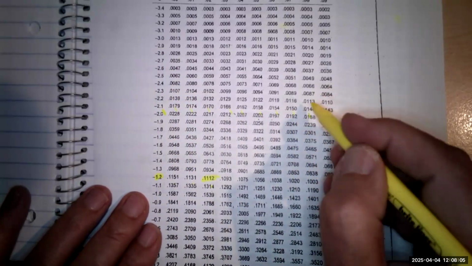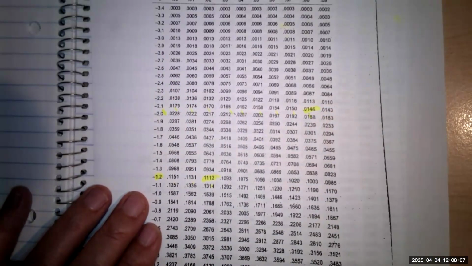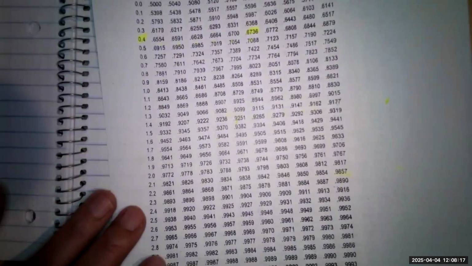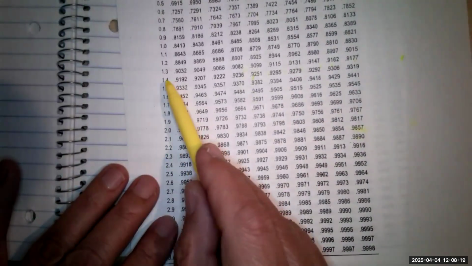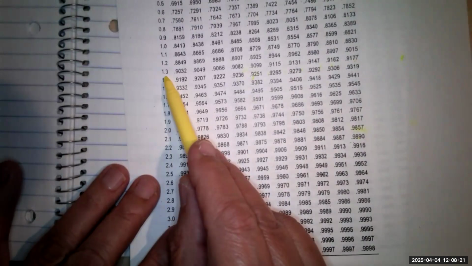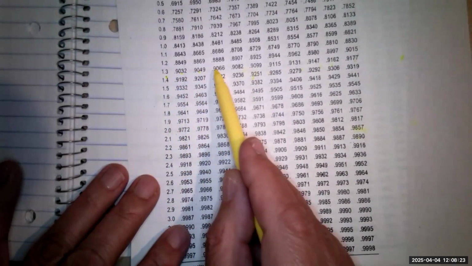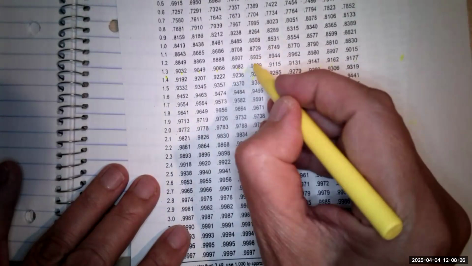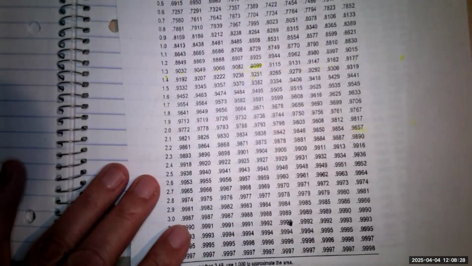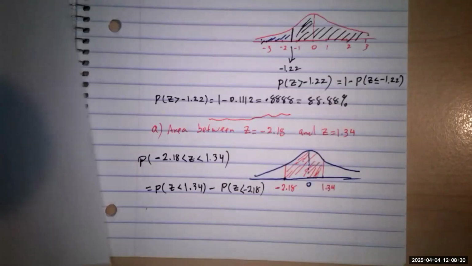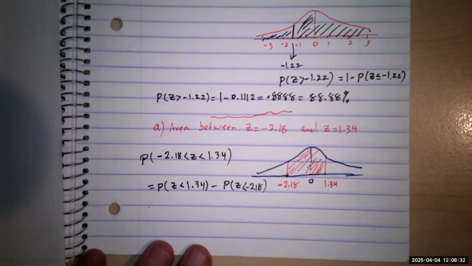So that gives you the 8, almost 0.014. And then the other part is 1.34. You identify 1.3 first, then 4: 0, 1, 2, 3, 4. So these are the two numbers that you have to subtract. This is the situation you're going to have.